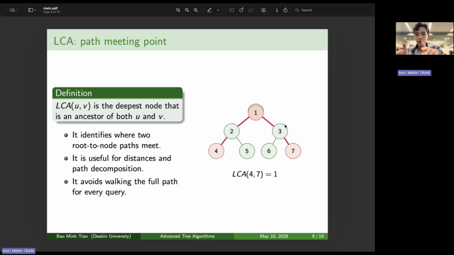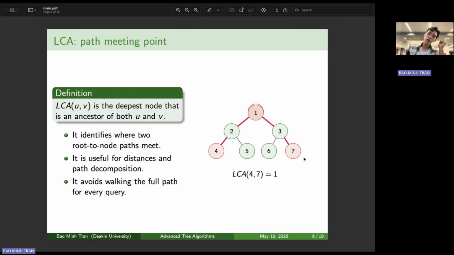Here it is 3, but if I chose 4 and 7, they only have 1 as their ancestor. Our problem is just to find the deepest node that is an ancestor of both vertices. You can find it in O(n) with DFS, of course, but it's not efficient, and we can in fact do it in log n.